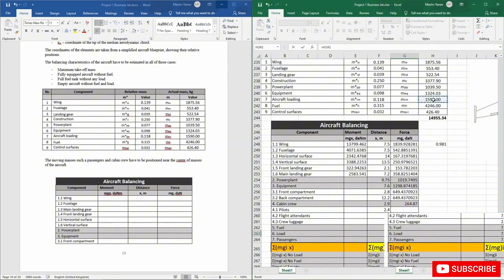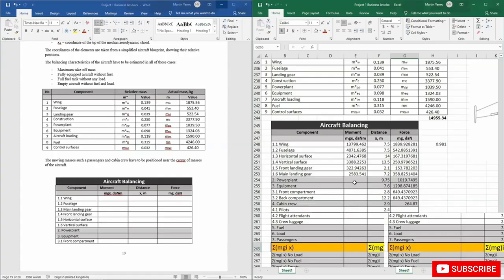So this is the one, and this will be simply multiplied by 0.981. And finally, our passengers force is going to be equal to simply 0.1 multiplied by the Earth acceleration, okay? And I will multiply this by the 12 passengers by 80 kilograms, right? Okay, that's it. And the total force produced by the passengers is 941.